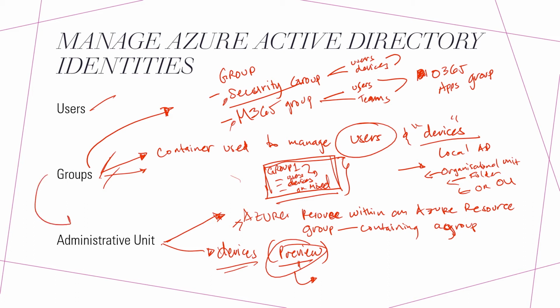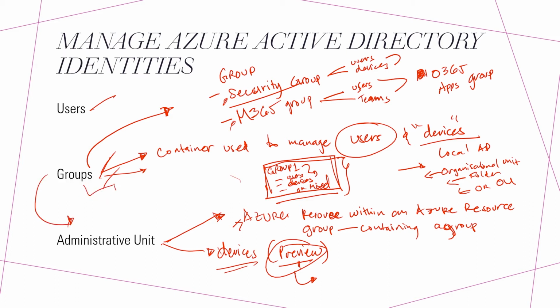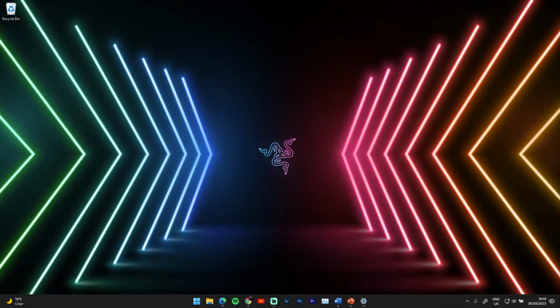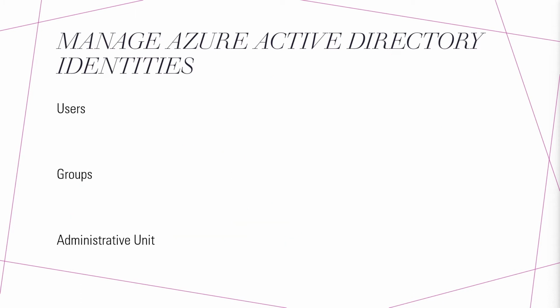Actually, I forgot something. When you create a group, let me just clear the whiteboard. So let's say you create a group, there are three methods of assigning users or devices into it.